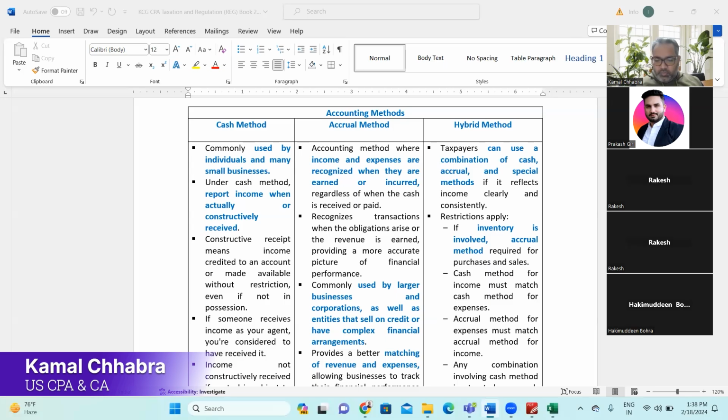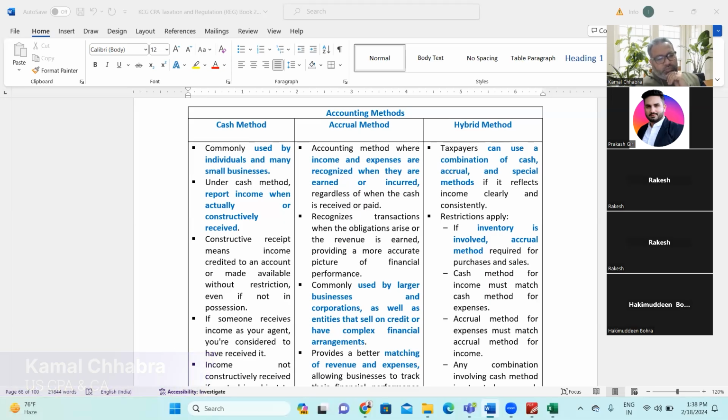Accrual basis follows the concept of period. They record transactions irrespective of when actually realized or actually paid, but for which period it was related to. Similarly, taking the example of insurance, in India we pay in advance and then amortize it as a prepaid through a journal entry.